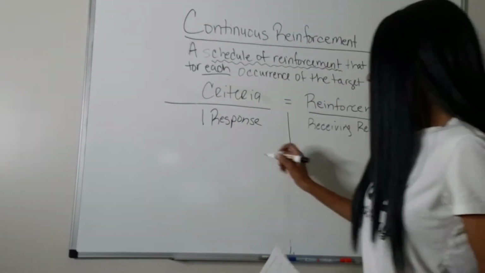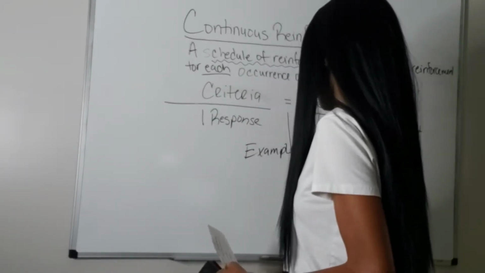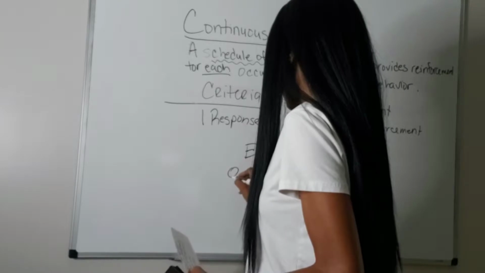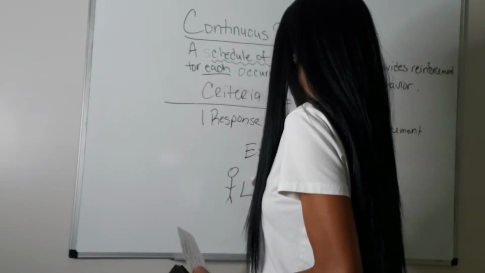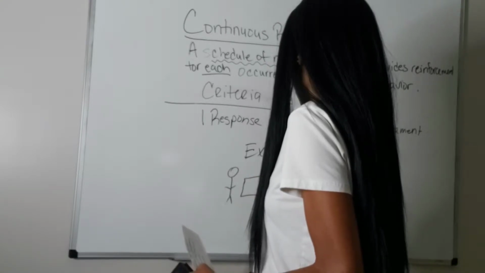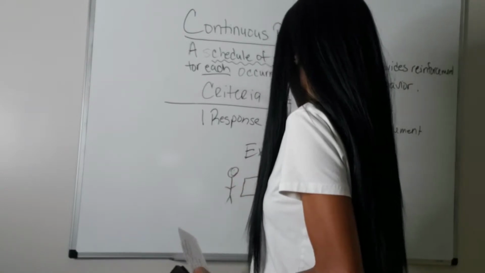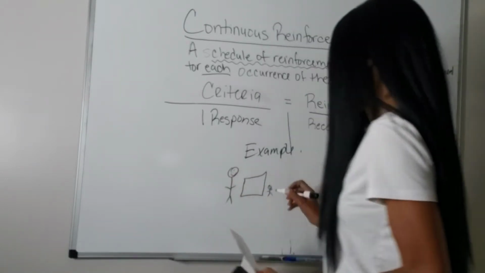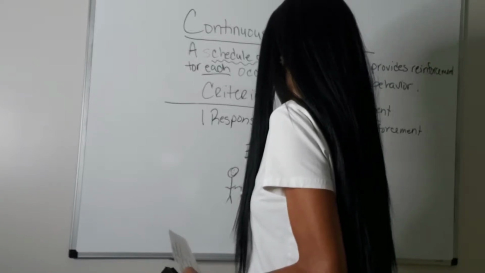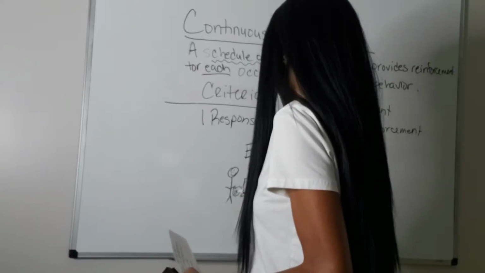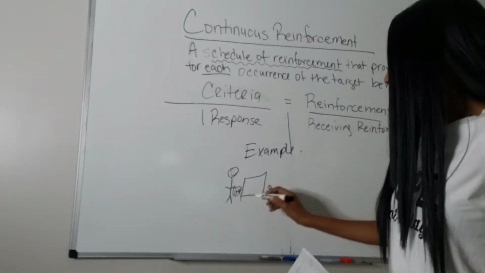So let me give you just a quick example. We have an RBT working with the client, and they have a bag of chips. Okay? This is the table where they're working.